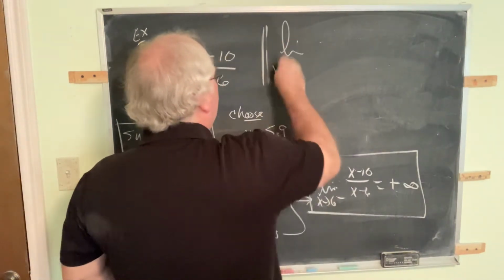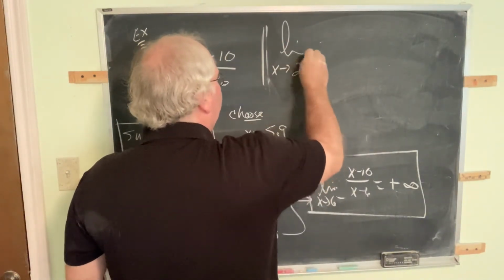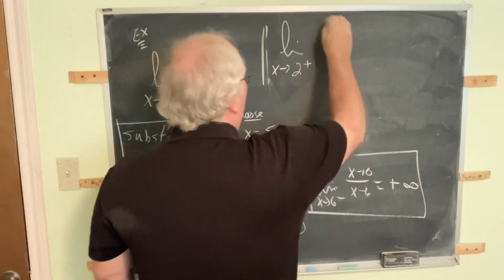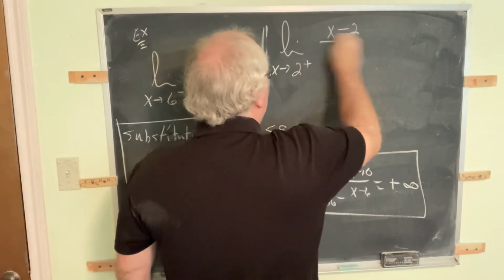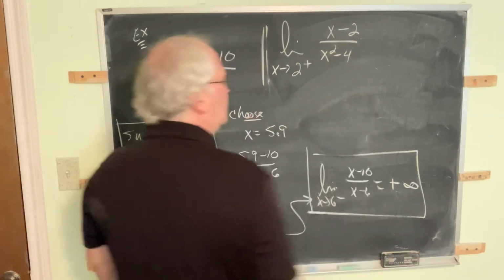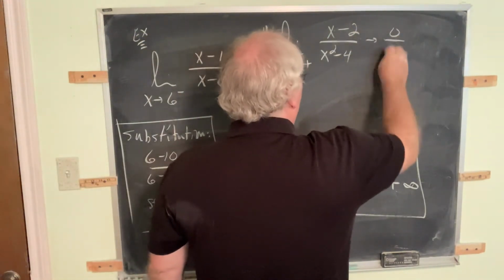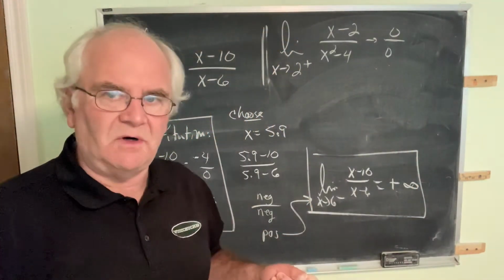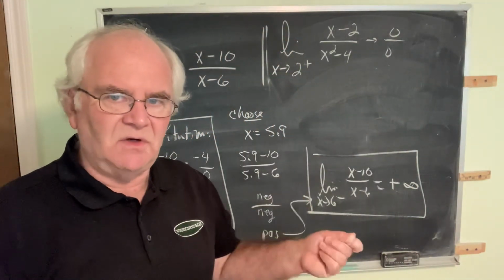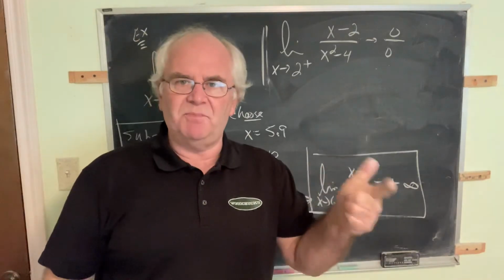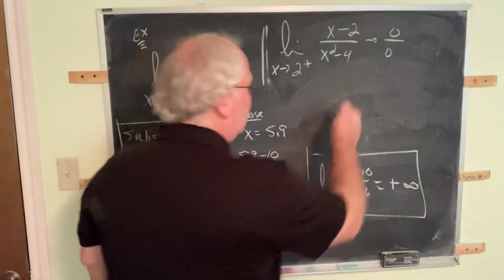Suppose we want the limit as x approaches 2 from the right of x minus 2 over x squared minus 4. Direct substitution gives you 0 divided by 0. We know what to do with 0 over 0, right? Do some algebra, simplify, try again. So that's exactly the process you go through.